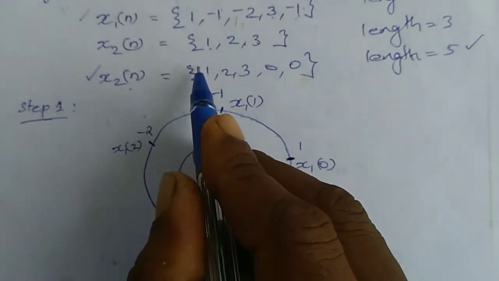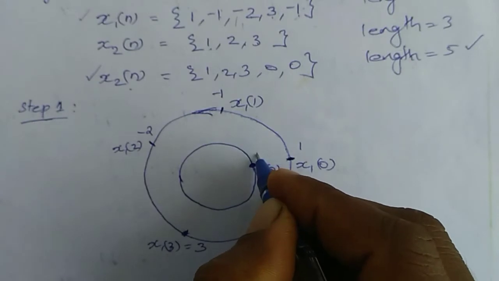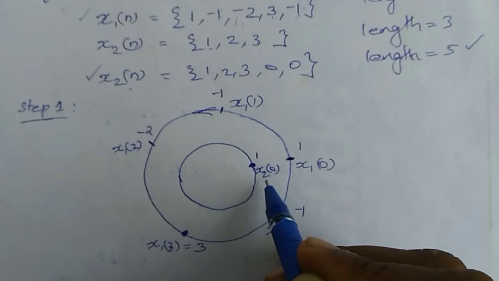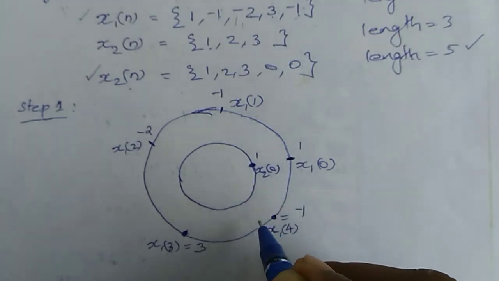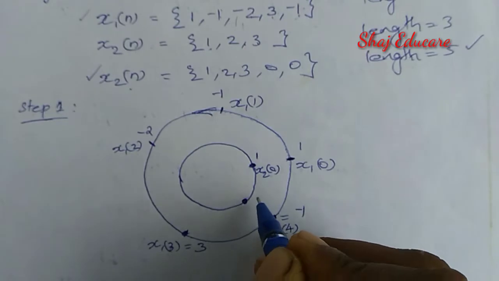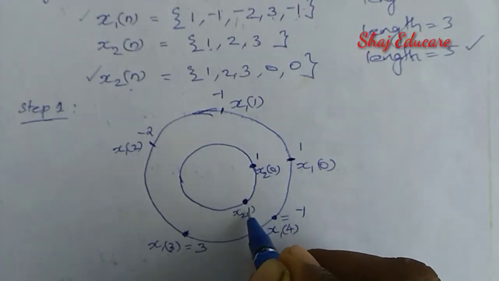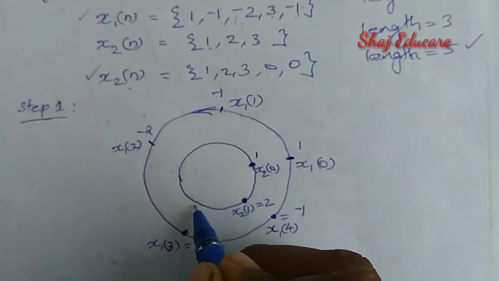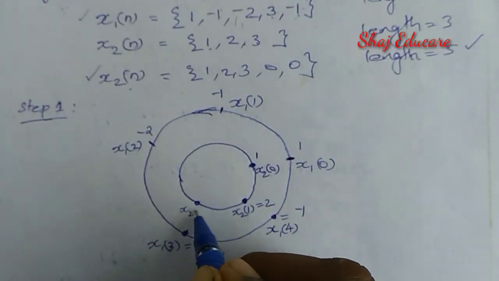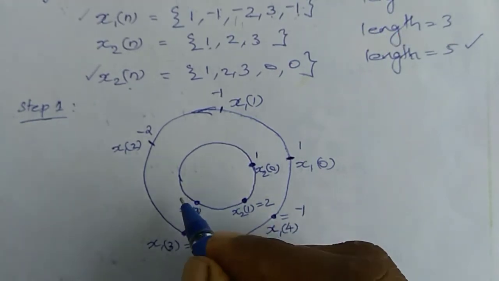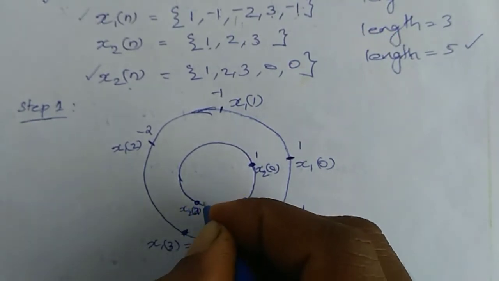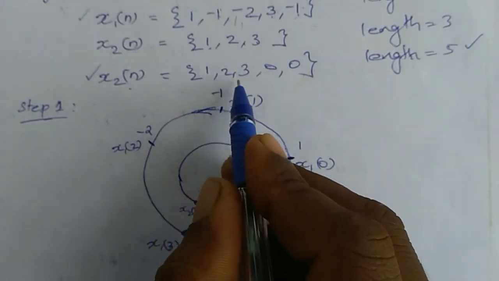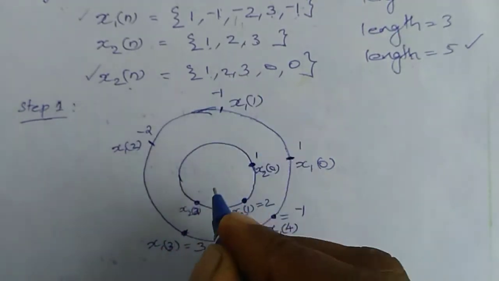First, x2 of 0 is equal to 1. Now how to put the second value, that is x2 of 1, that should be in clockwise direction, so that should be here, x2 of 1. What is x2 of 1? It is equal to 2. Next element should be here, x2 of 2, that is equal to 3.